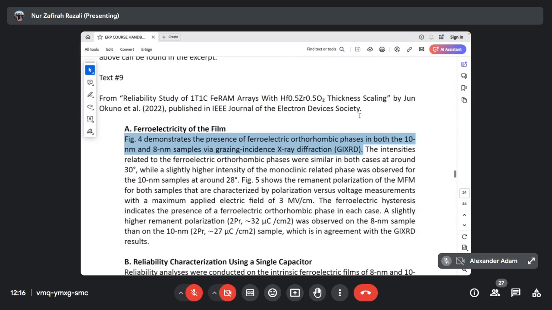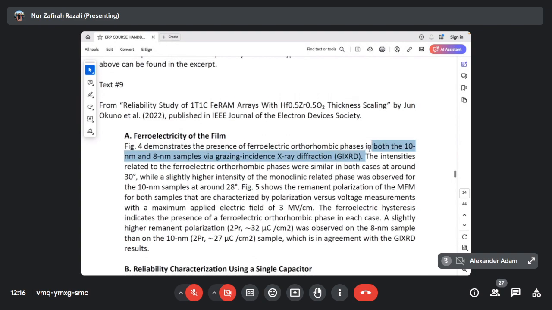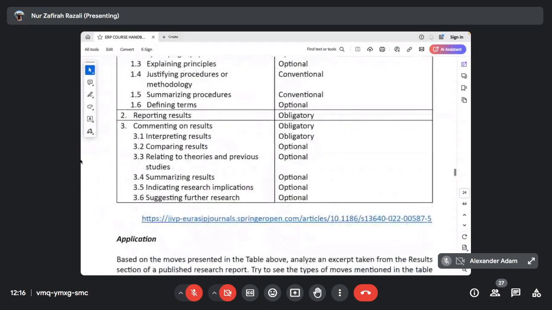Now, how about the second sentence here? Is it move two or move three? Is it reporting results or commenting on results? Go back to the move model.